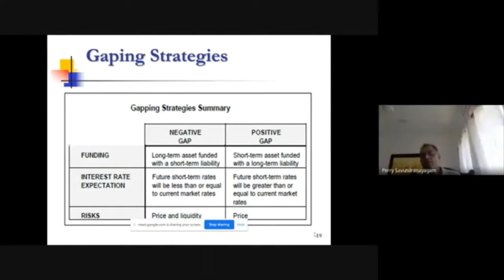Exactly. So although we say that price is the main risk here, we're talking from more of a ratio perspective, or meeting some sort of regulatory requirement perspective. But from a profitability perspective, you can argue it's based on price.